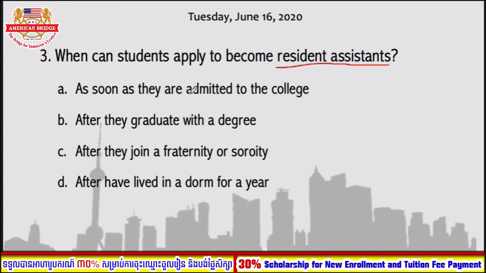So as soon as they are admitted to the college? No. After they graduate with a degree? Maybe not. After they join a fraternity or sorority? It is not right. The correct answer is letter D, after they live in a dorm for a year.